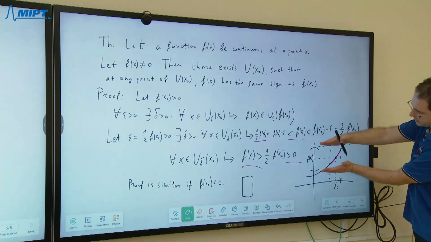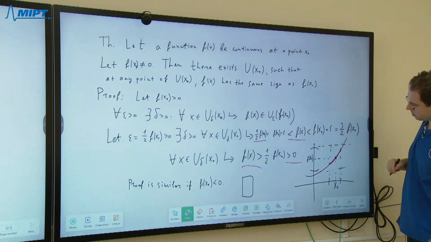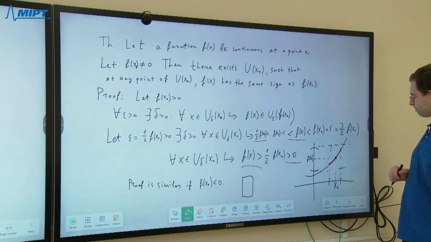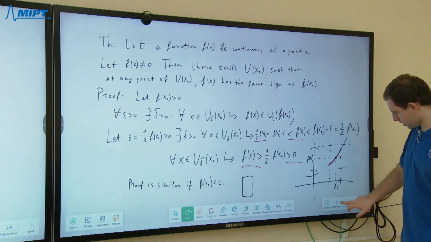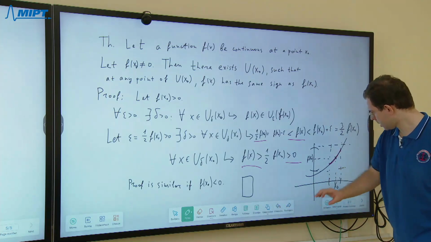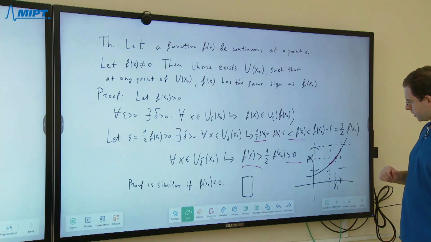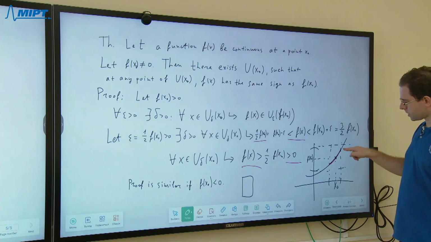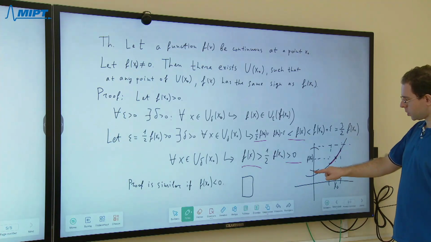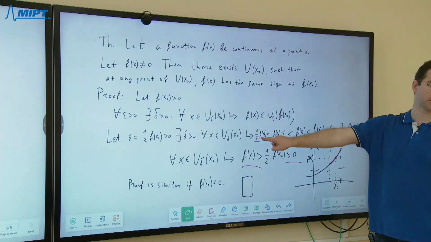It stays inside this corridor. So greater than this value, smaller than this value. And the important part is that this function stays greater than this value, which is a positive number.